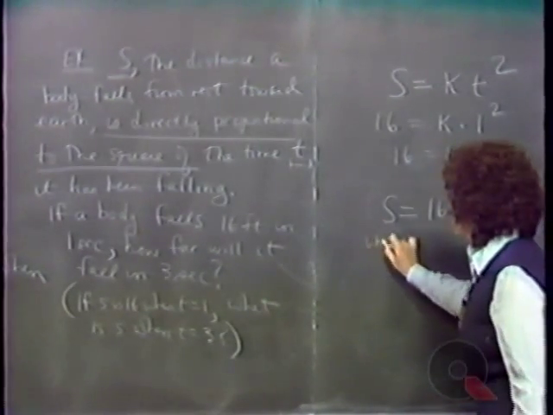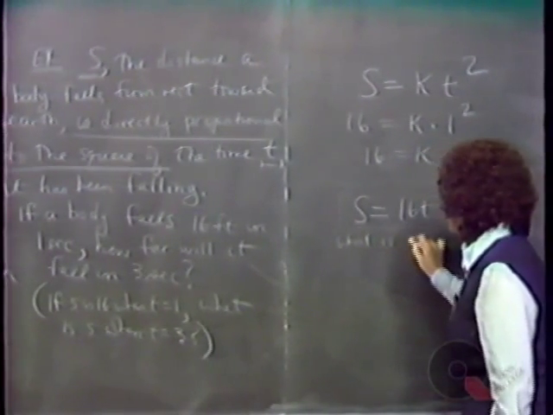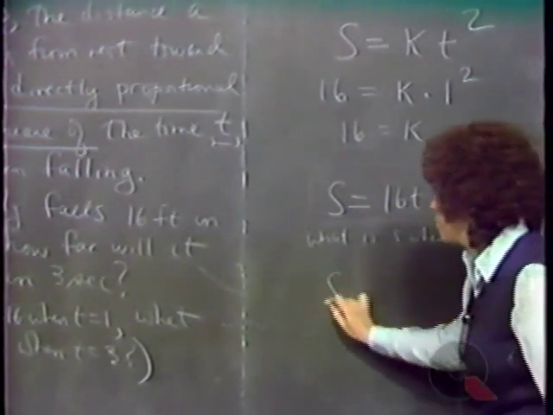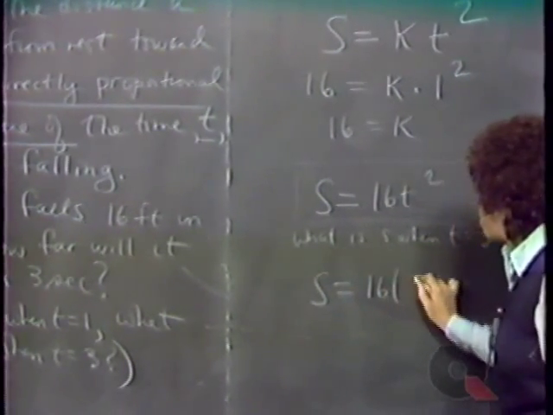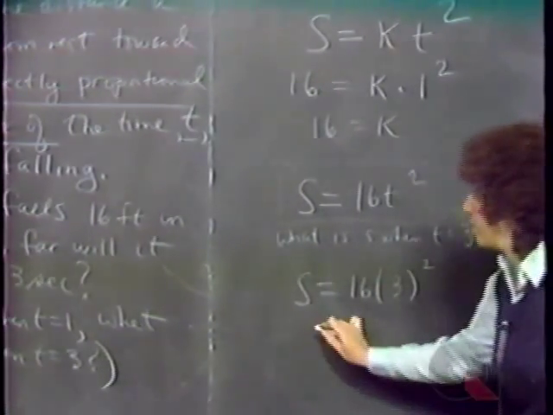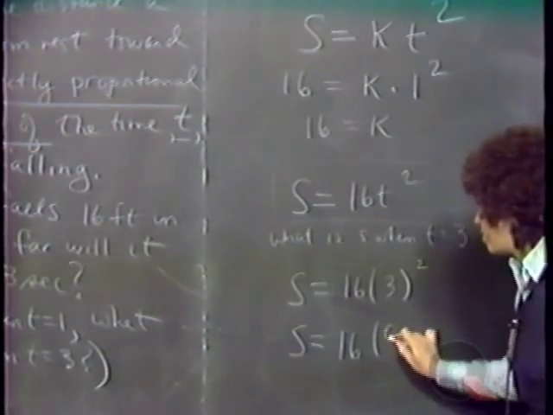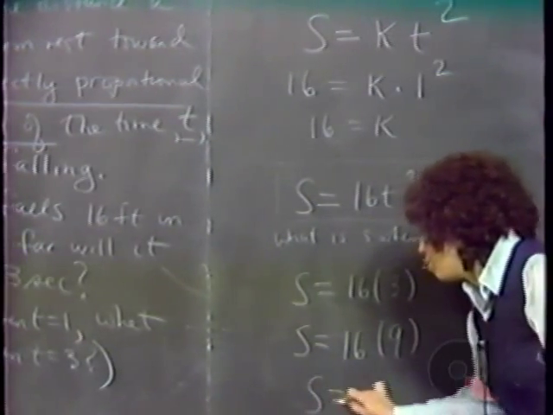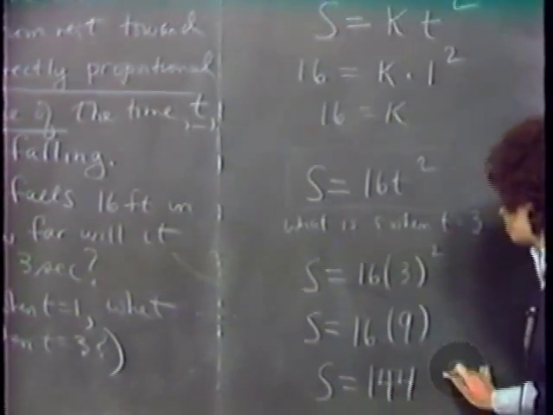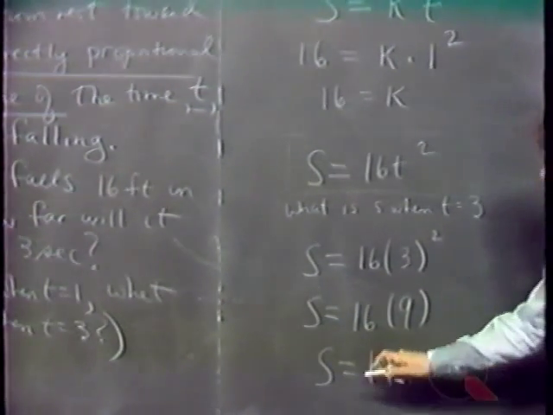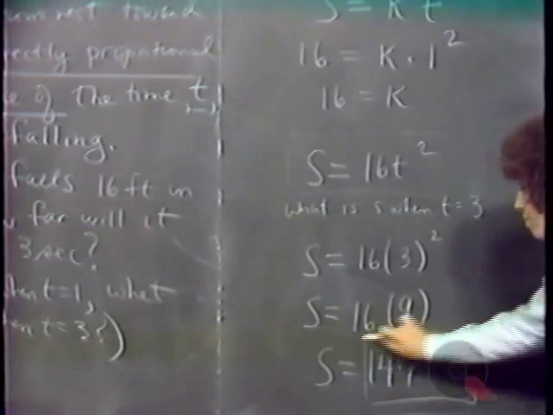So we substitute in t equal to 3, and we get that s is 16 times 3 squared, 16 times 9, or 144 feet. In other words, how far will it fall in 3 seconds? 144 feet.